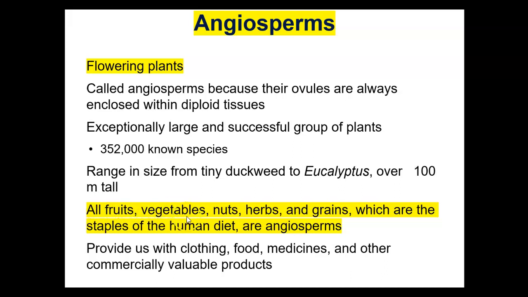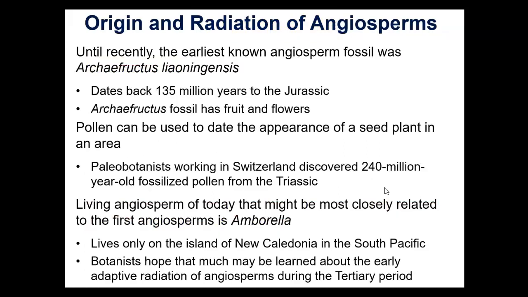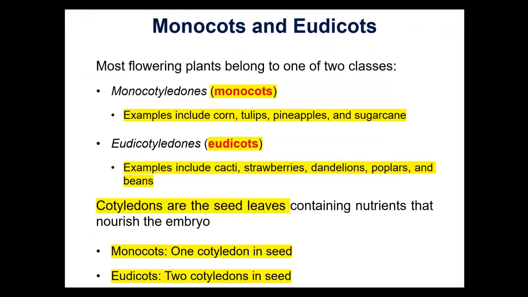All fruits, vegetables, nuts, herbs, and grains, which are the staples of the human diet, are angiosperms. Okay.